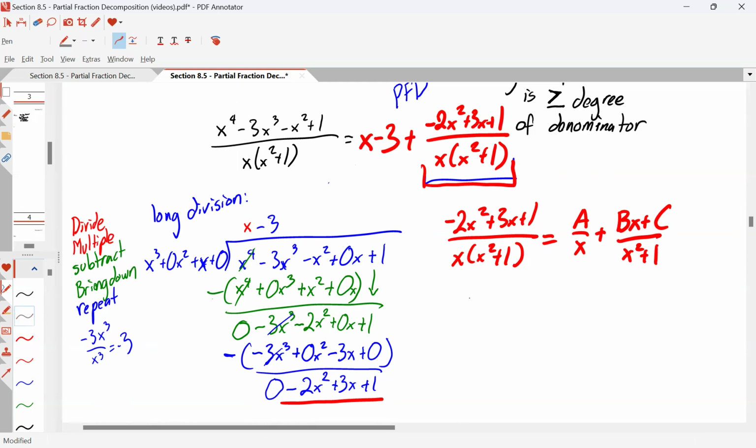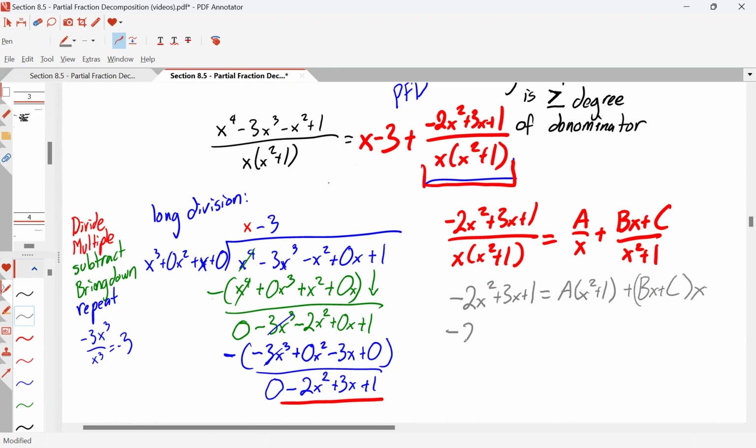Multiplying things out, this gives us negative 2x squared plus 3x plus 1 is equal to, we're multiplying by this denominator. So when I multiply by A, the x's will cancel. I get x squared plus 1. And when I multiply Bx plus C by x, I get plus Bx plus C times x.